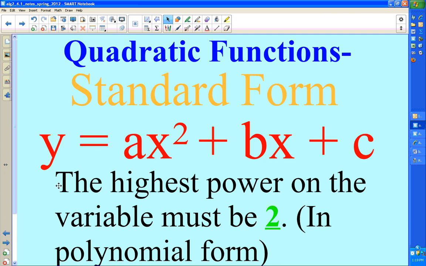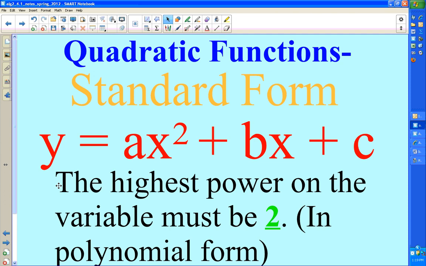Wow, you guys, church is not your thing, I can see. The highest power on the variable has to be a 2. That's what we're telling you when we say we have a quadratic function. Quadratic means power of 2 on the variable when you're in polynomial form.